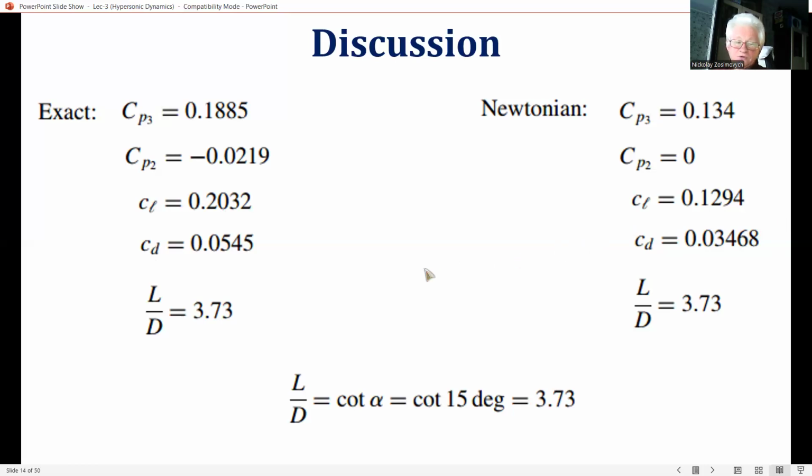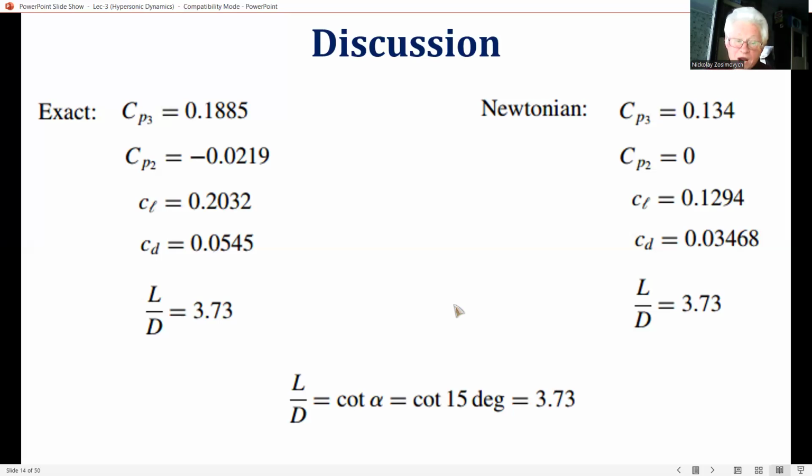So the Newtonian result underpredicts both CL and CD by 36%. However, the values of the lift to drag ratio, L over D, in both cases, look, are 3.73, as in the exact solution and in Newtonian.